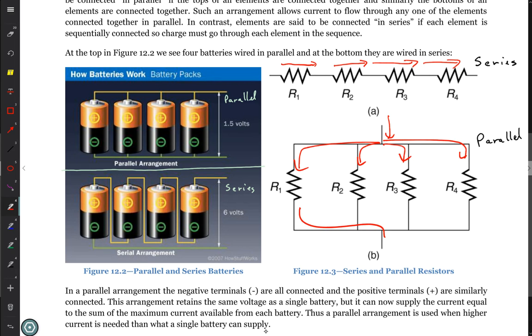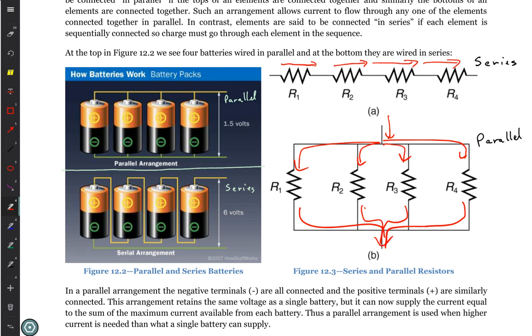But then it all has to come back together in the end. So parallel, you have multiple pathways between the starting and ending points. The tops are all connected together, the bottoms are all connected together, and the charge has multiple pathways that it could go through. So that's the difference in series and parallel.